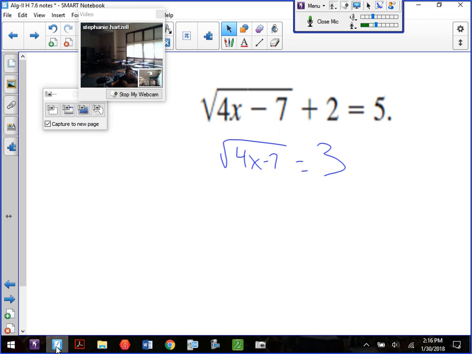And then how do you undo the square root? Square it. So the square root of junk squared is junk. Oh, did I say square root? I meant square it, because square rooting would be a fourth root. So 4x minus 7 is 9. Add 7.